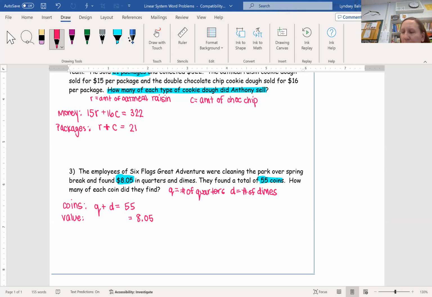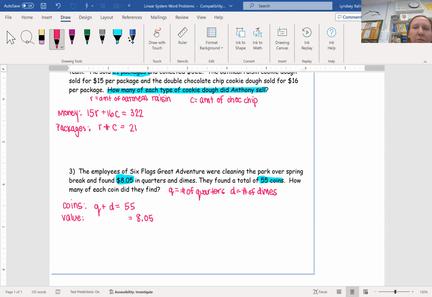But now when we go to put our Q and D on the left-hand side, since we're talking about the total value, we have to incorporate the value of quarters and dimes. And this is where I don't give you this information. I assume you know that a quarter is 25 cents and a dime is 10 cents.